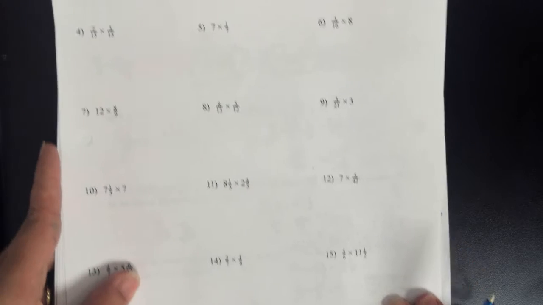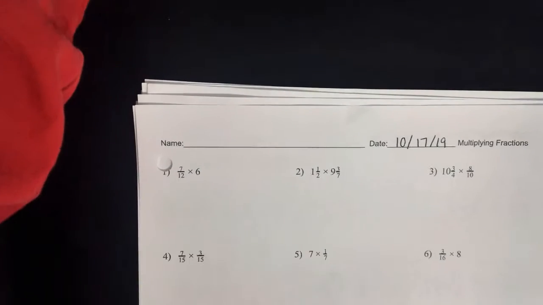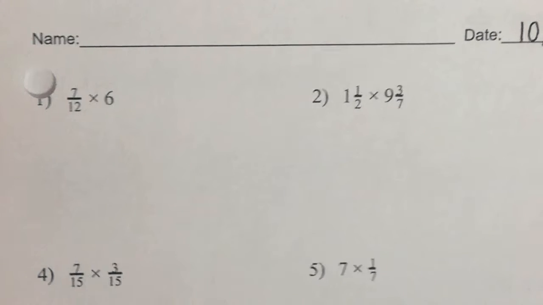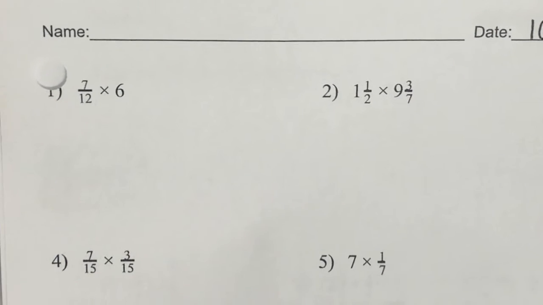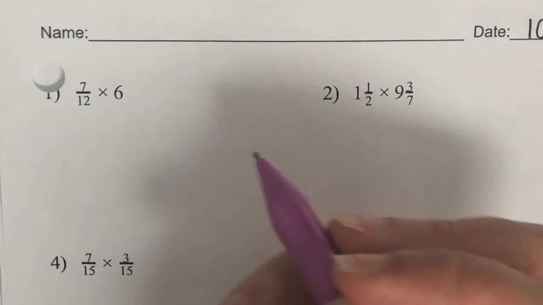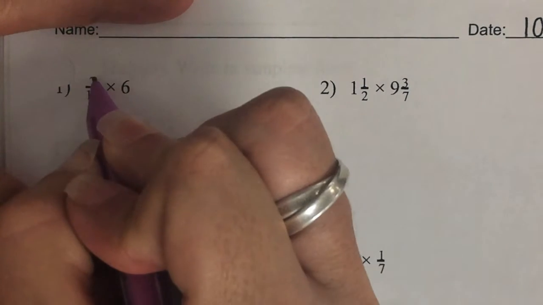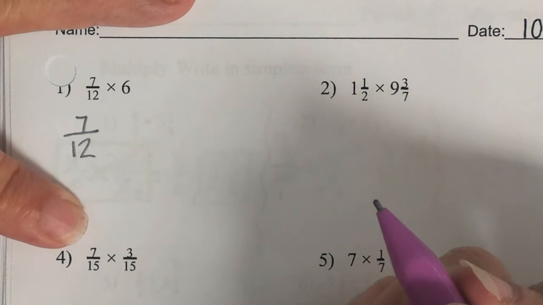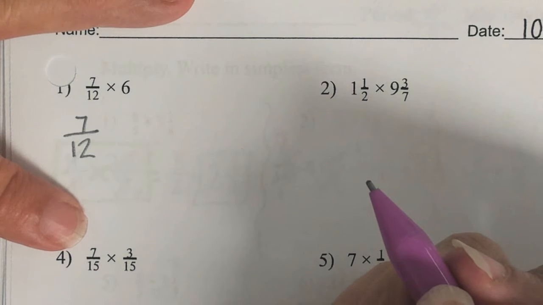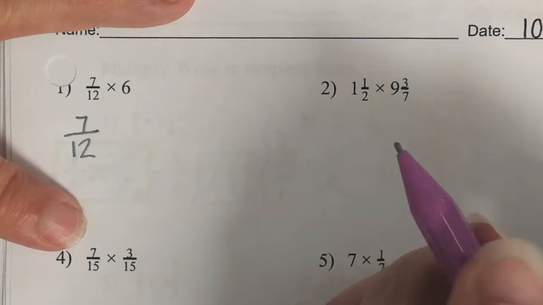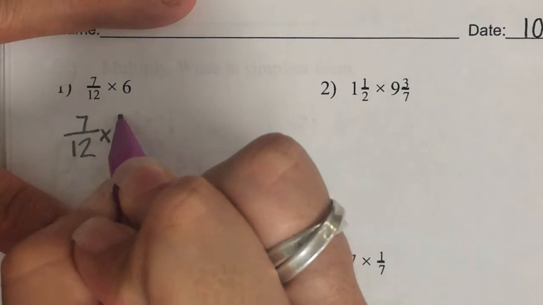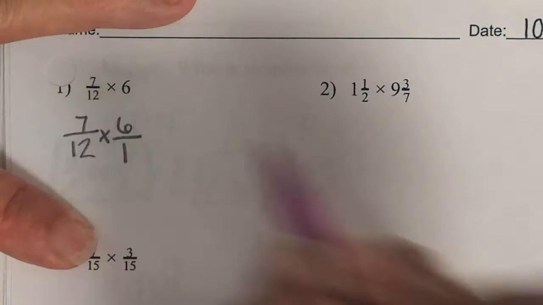I'm going to start with the first one. Okay, so starting out with number 1. We know that if it is just 7/12 with a top and a bottom, we can just write 7/12. We get to leave it just that way. The 6 is a whole number, so we know we got to sling it over 1.